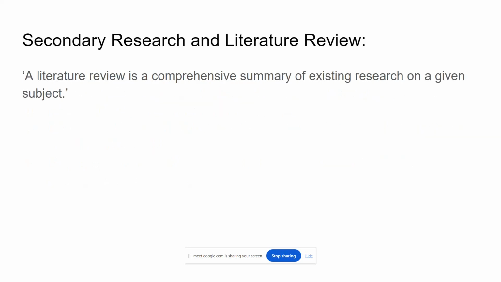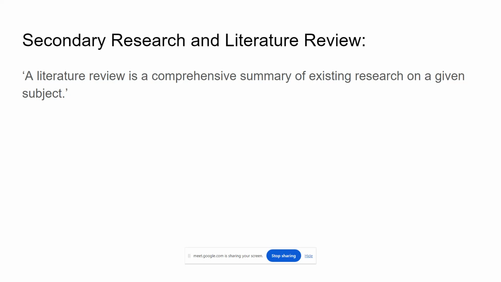Okay. So basically, when we talk about existing knowledge, it can be done through secondary research and literature review. Literature review is the most widely used, and it is a comprehensive summary of existing research on a given subject. Now, this comprehensive summary is totally dependent on you, because there are various aspects from your research question that you would want to focus on, right?